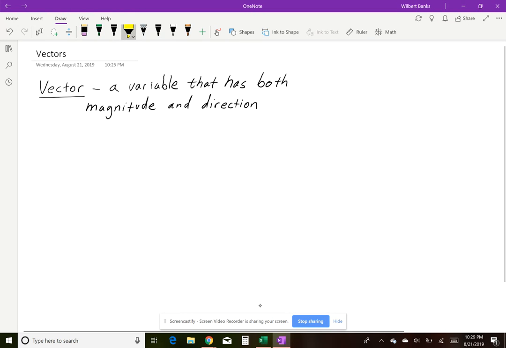There's two important parts to this, but one part that's really important that may be a new term to you is this word magnitude. What magnitude simply means is that it has a value.